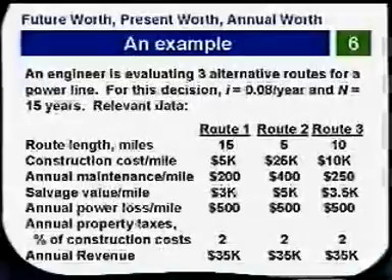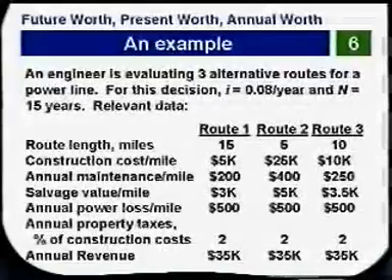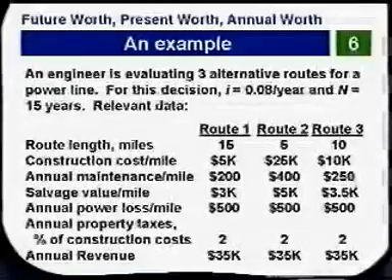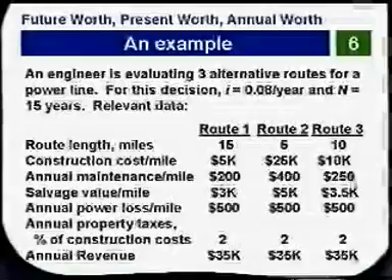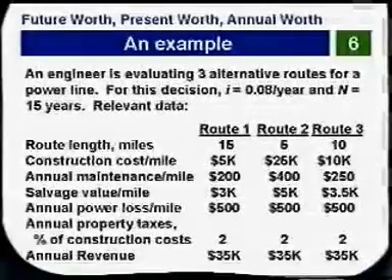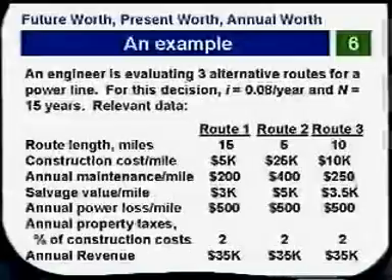The power loss along these 3 routes is the same on a per-mile basis. That is, each will lose an equivalent of $500 per mile. The total power loss, however, is different for each route because each route has a different length.